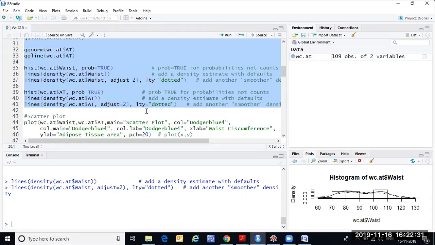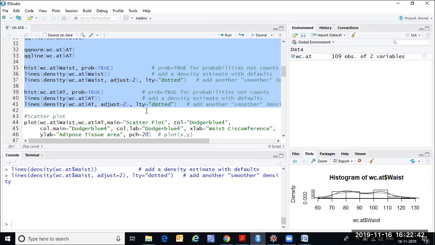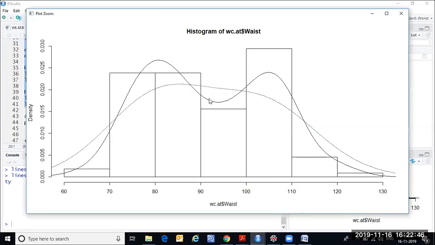Which graph are you talking about, Anika? This is the one. Okay.